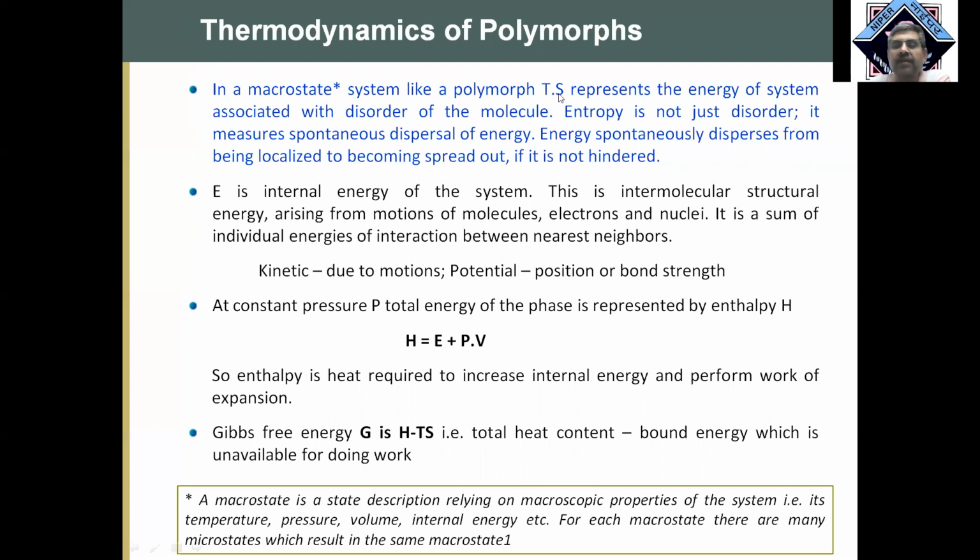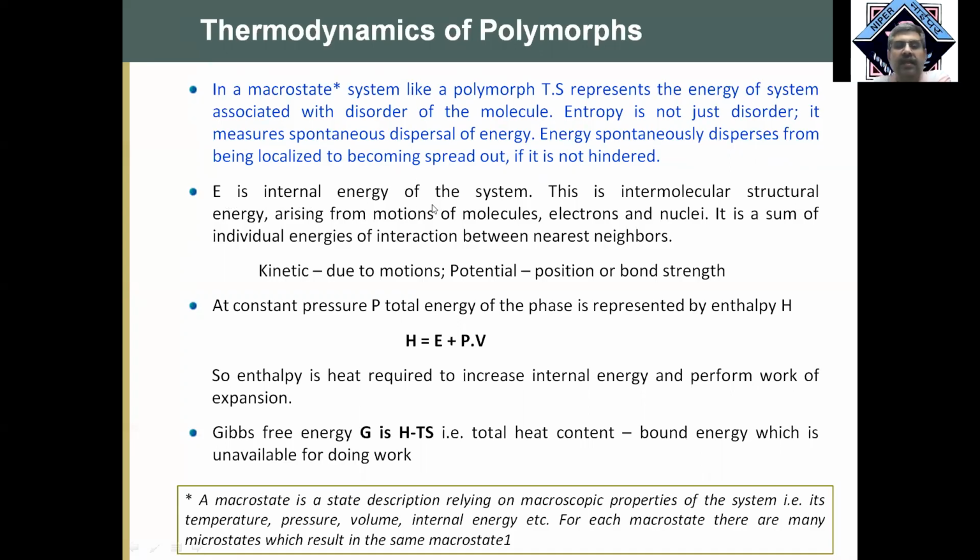T is the temperature, S is the entropy. Entropy is not just disorder, it measures spontaneous dispersal of energy. Energy spontaneously disperses from being localized to becoming spread out if it is not hindered.